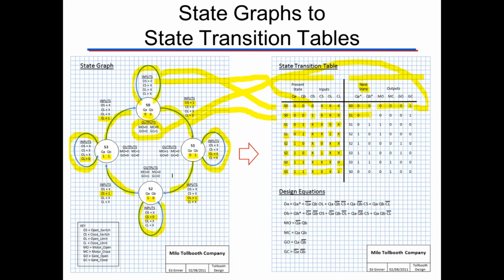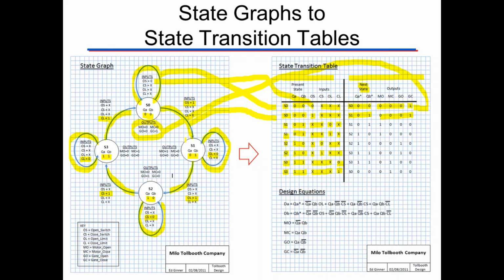So we fill that in. Our outputs will stay the same because nothing has happened to our outputs on this transition arc until we hit state 1. So we just copy this portion of the row right down to here. Outputs haven't changed, and we're heading to be in state 1.